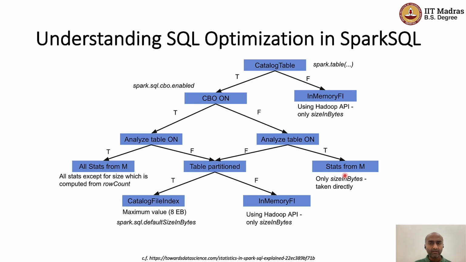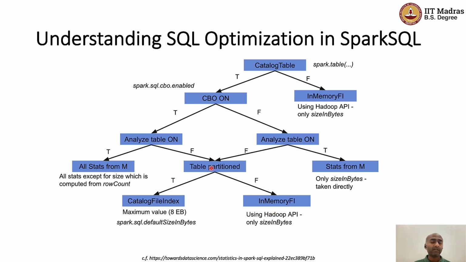If the analyze table is not run, then there's a default treatment that happens. The default treatment is based on whether the table is a partitioned table or not. If it's not a partitioned table, then the file system API from Hadoop itself is used directly to come up with a crude approximation of the size in bytes.